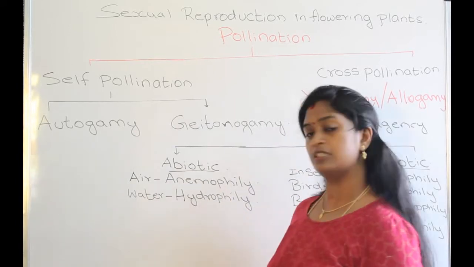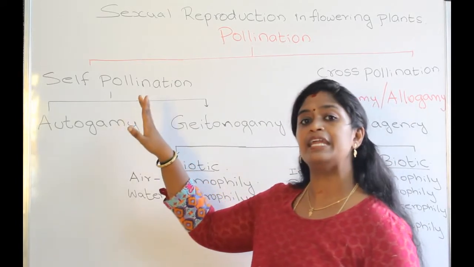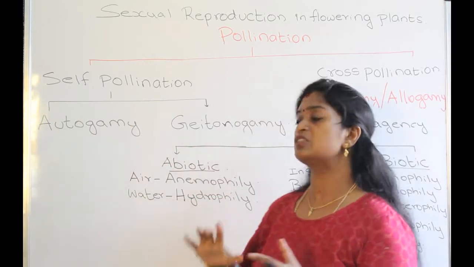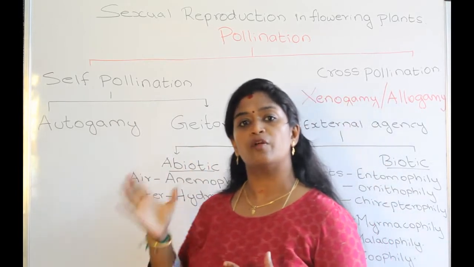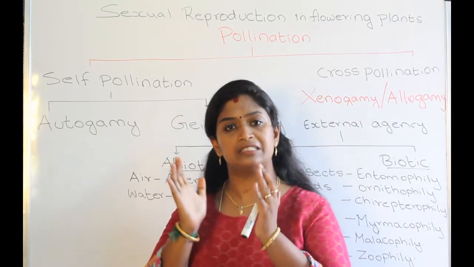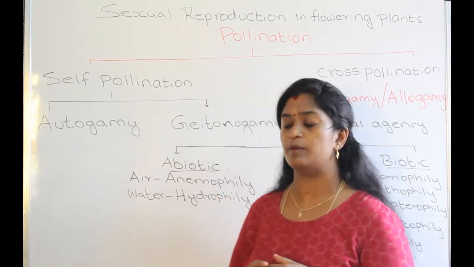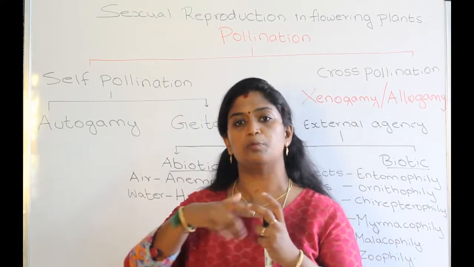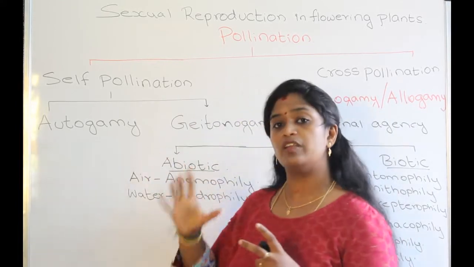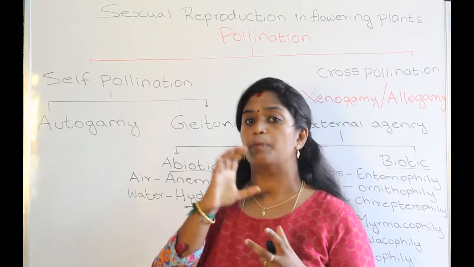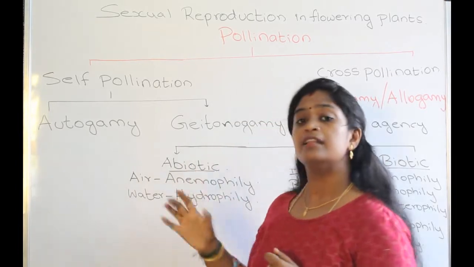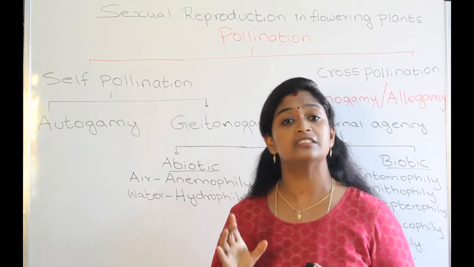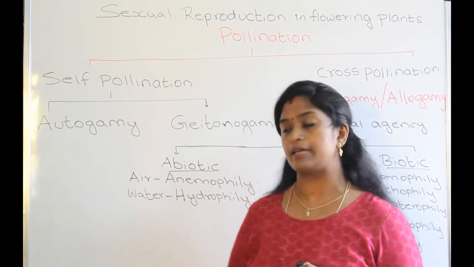The main disadvantage of self-pollination is that since the transfer of the pollen grain from the anther to the stigma of the same flower on the same plant takes place, there is shuffling within the same gene pool. If this shuffling takes place over and over for a particular period of time, then nature will select the recessive character, that is, the undesirable characteristic.